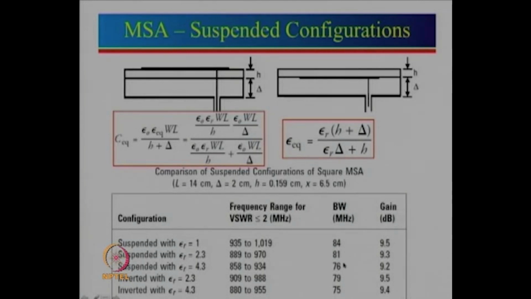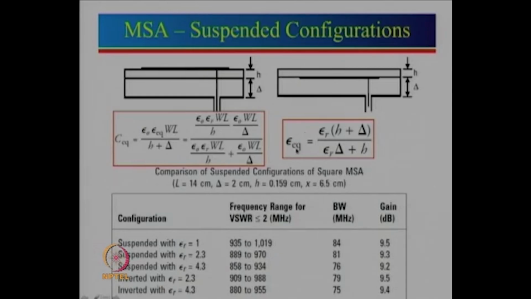You can see that the bandwidth change is also relatively small. In fact, bandwidth in megahertz may look different by 5 megahertz, but in reality, if you see the resonance frequency, let us just look at that. The lowest frequency was 935 for epsilon r 1. When we took epsilon r 2.3, it reduced to 889. Why?